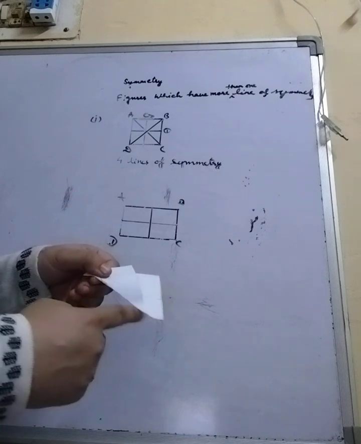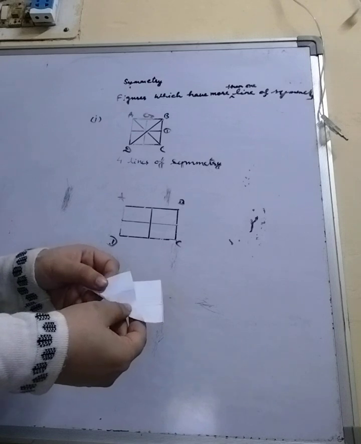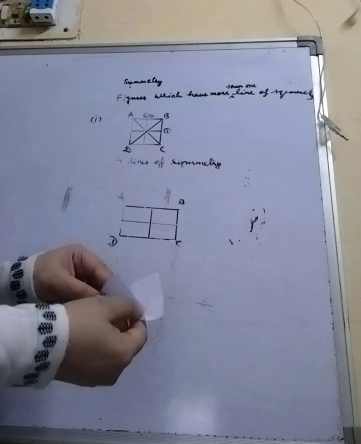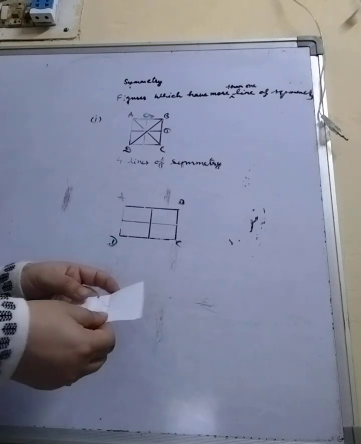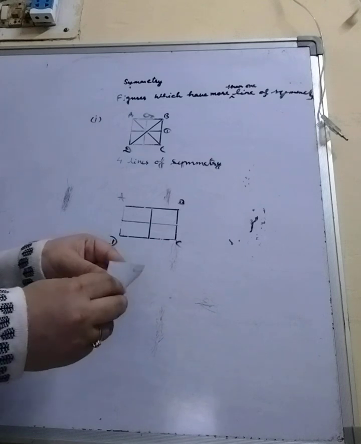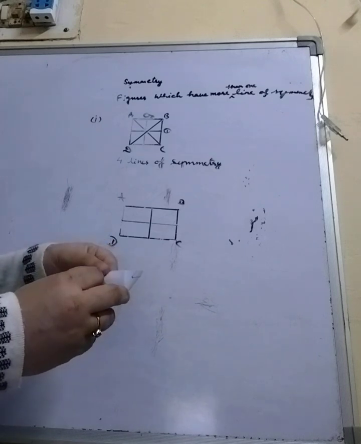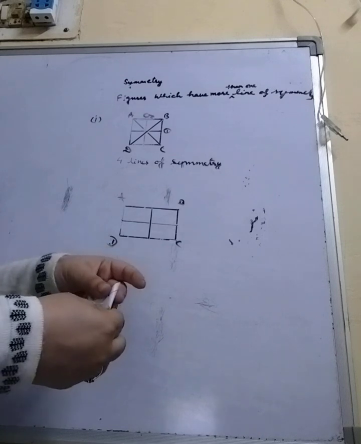Some of the part remains as it is with no overlap. So that means along the first diagonal, you cannot fold the rectangle to get a line of symmetry. So the rectangle is not symmetrical along its diagonal.